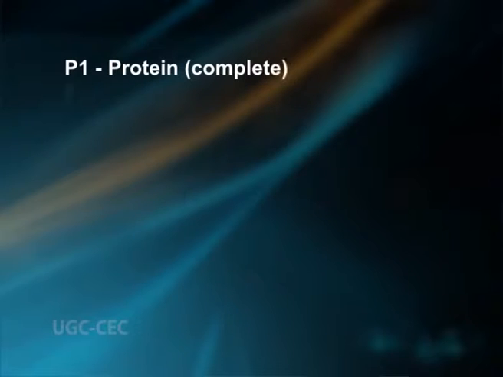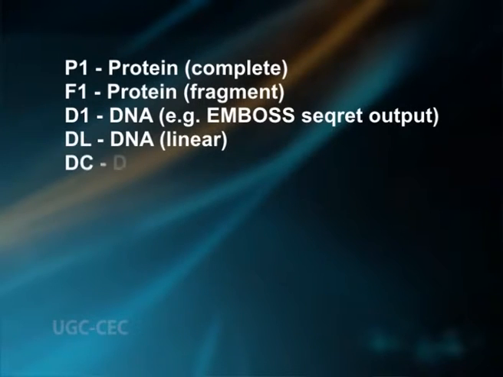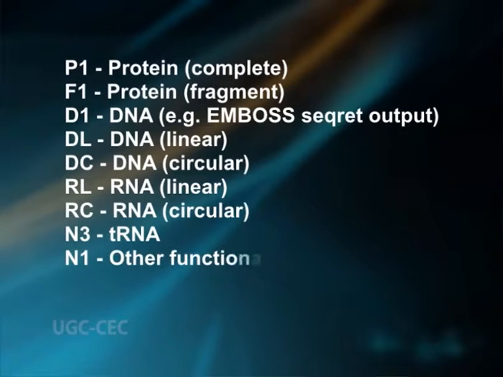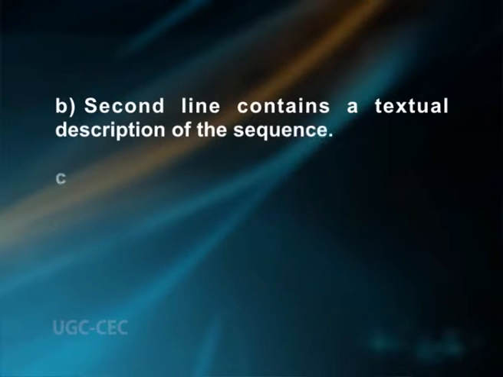P1 stands for protein complete sequence, F1 for protein fragment, D1 for DNA, DL for DNA linear, DC for DNA circular, RL for RNA linear, RC for RNA circular, N3 for tRNA, N1 for other functional RNA and XX for unknown. The second line contains a textual description of the sequence.